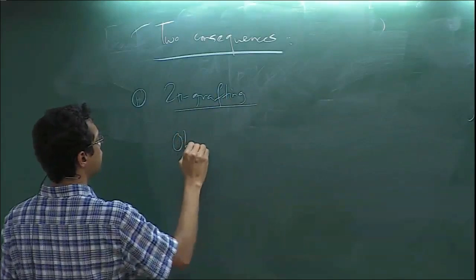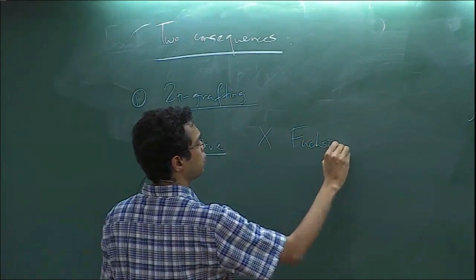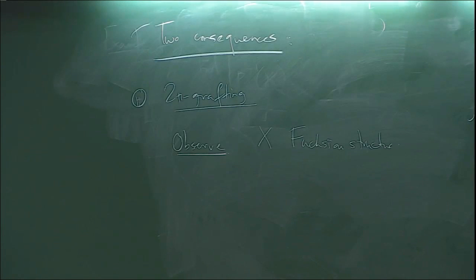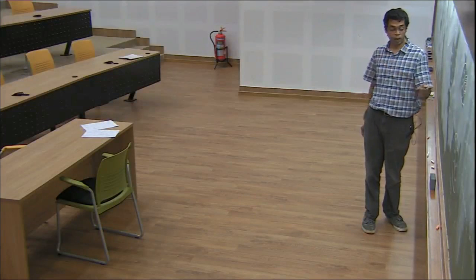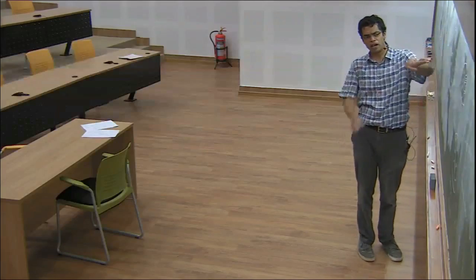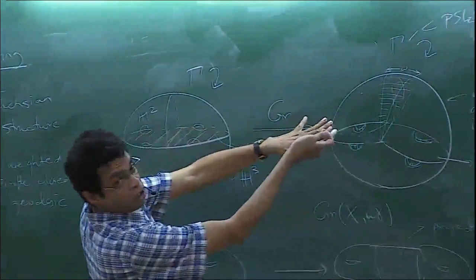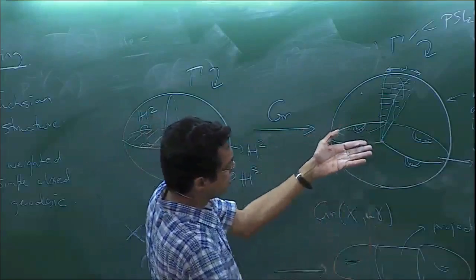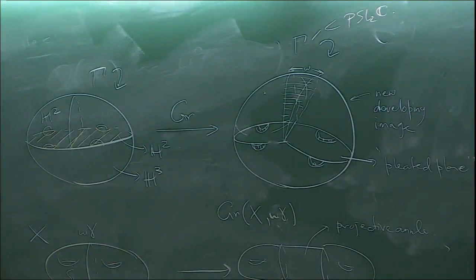So observe that if you start with a Fuchsian structure, X, like here, and then you bend, so you take a weighted simple closed curve with weight W equal to 2 pi, then, as I mentioned, you bend by an angle determined by the weight. So if it's 2 pi, you bend all the way, and you conjugate the representation to itself. So this operation doesn't change the Fuchsian holonomy.